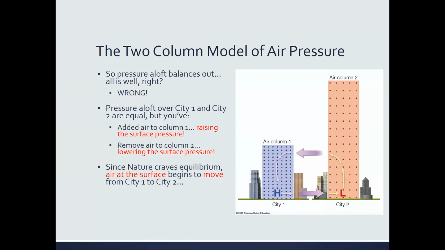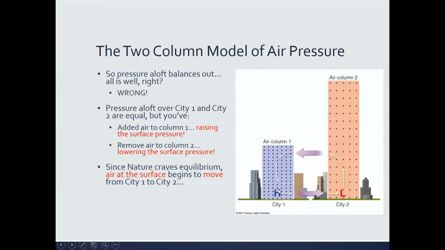As a result, Mother Nature hates imbalance, and therefore winds again blow from high to low. And so you get this never-ending futile attempt to achieve equilibrium. Higher in the atmosphere, air is moving from the warm column to the cold column to equalize pressures aloft.